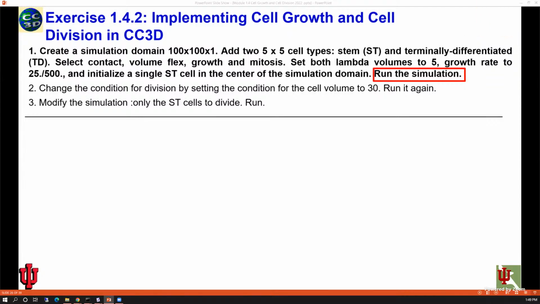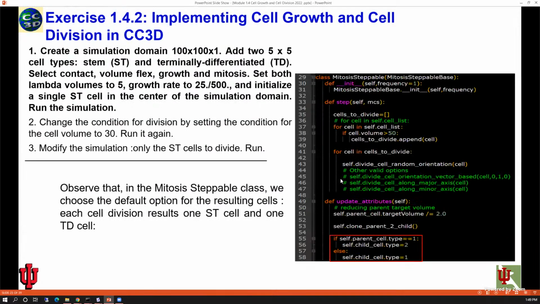Can I see the code again? Sure. The steppable, the mitosis, or the whole thing? This one? Yes. See, it is loaded this way.